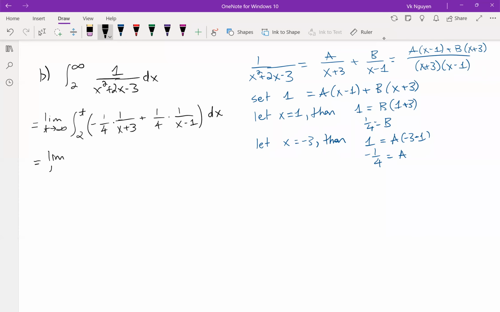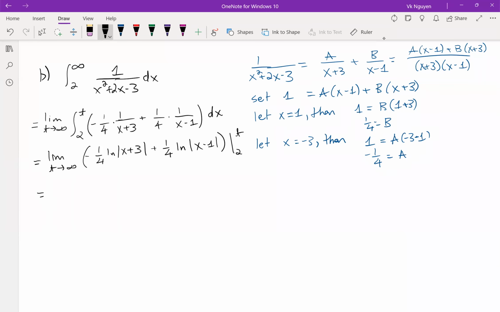Limit as t goes to infinity. The antiderivative of 1 over x plus 3 is ln, so we have negative 1/4 ln of the absolute value of x plus 3, plus 1/4 ln of the absolute value of x minus 1, evaluated from 2 to t.